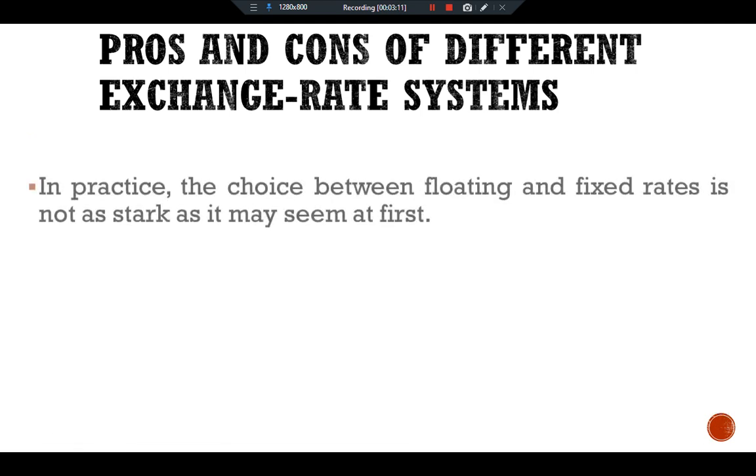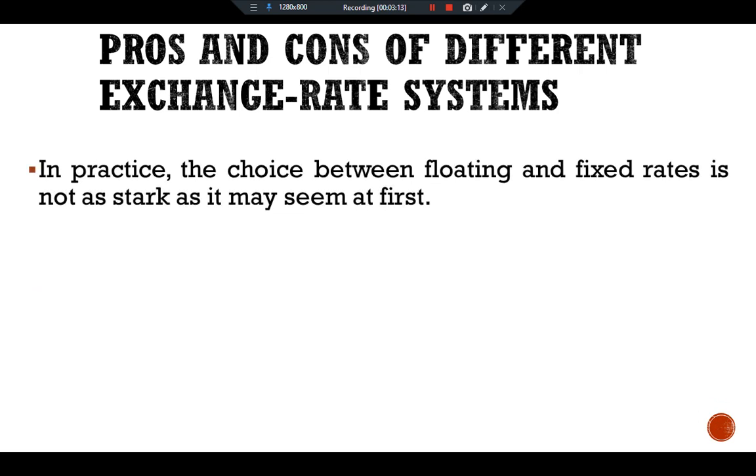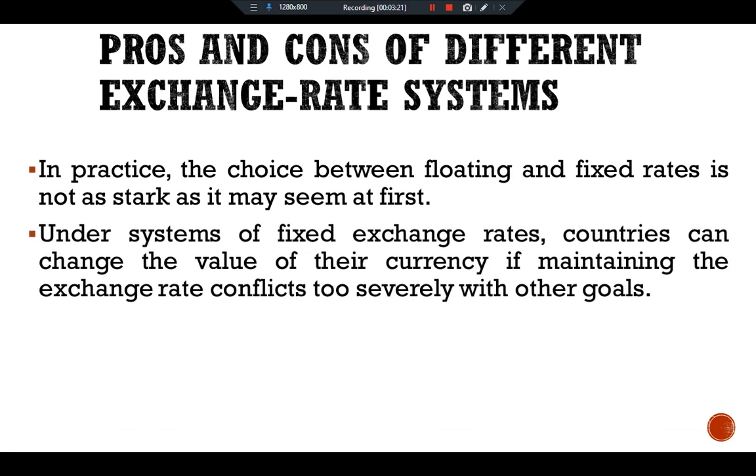In practice, the choice between floating and fixed exchange rates is not as stark as it may seem at first. Under systems of fixed exchange rates, countries can change the value of their currency if maintaining the exchange rate conflicts too severely with other goals.